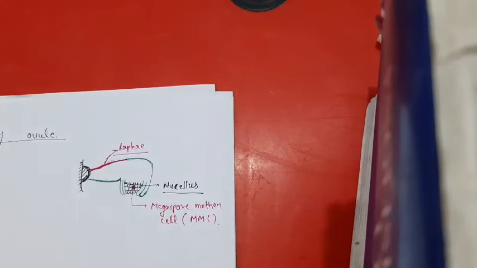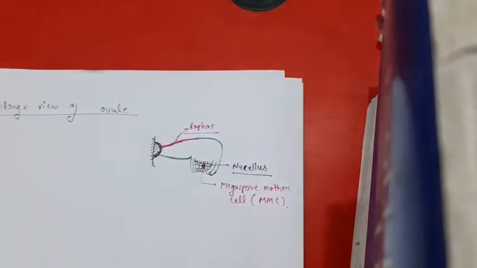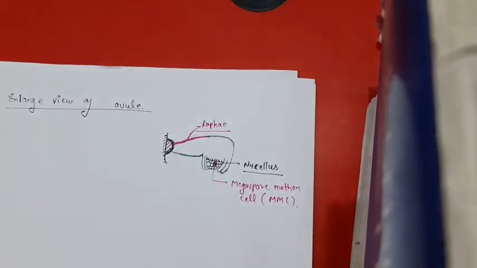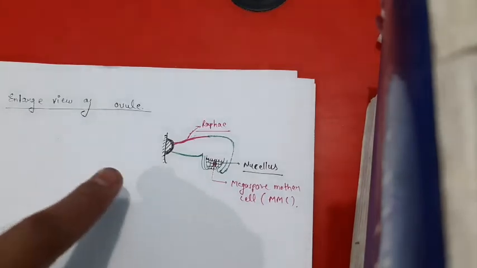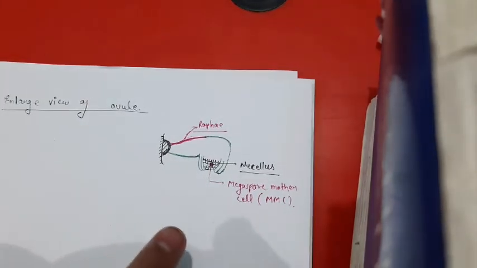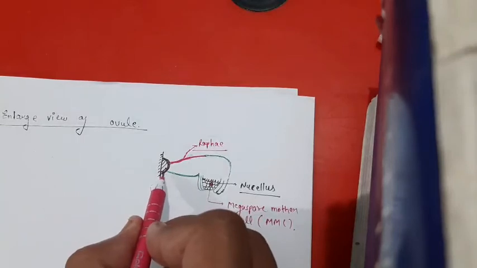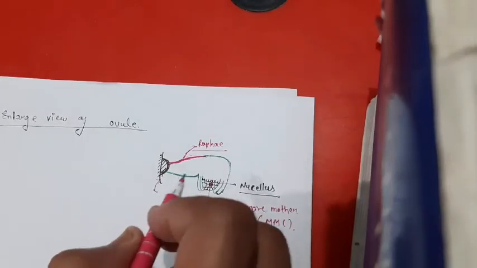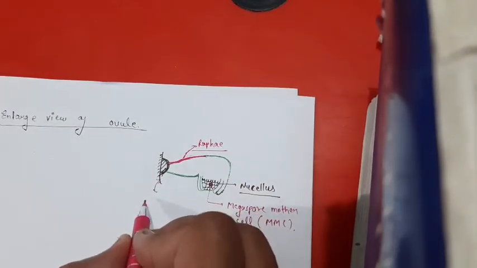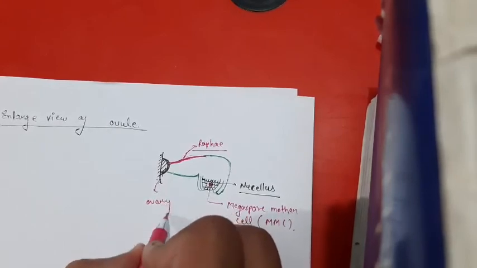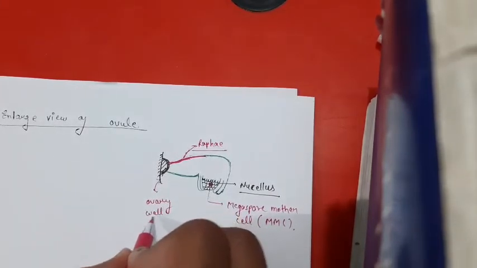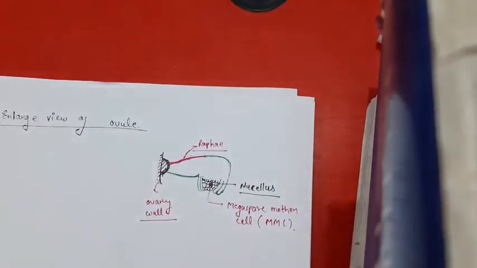Friends, in pollen germination we will discuss MMC means microspore mother cell, but here in the female reproductive part MMC means megaspore mother cell, so don't be confused. After that, this one is ovary wall.